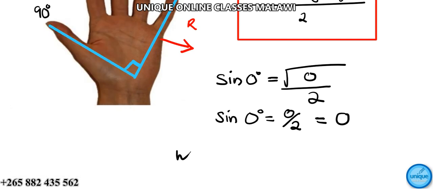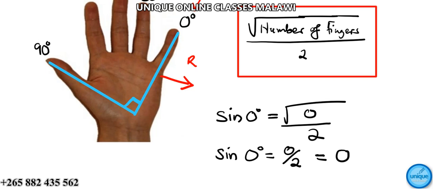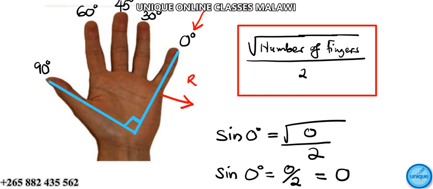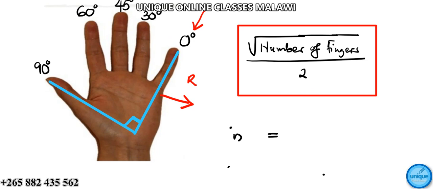Let's now do cos. I'm writing here cosine of 0 degrees. For cosine of 0 degrees, we count how many fingers from 0.